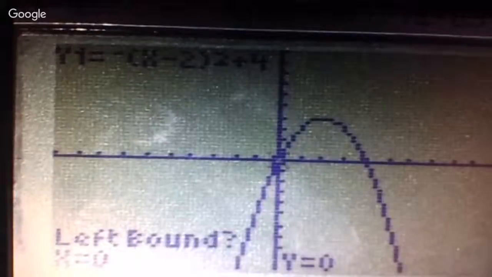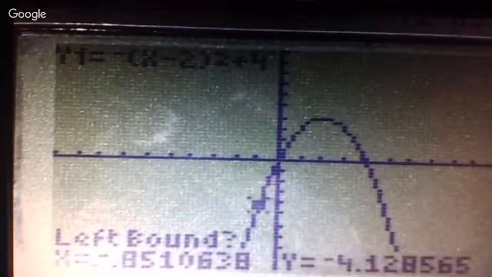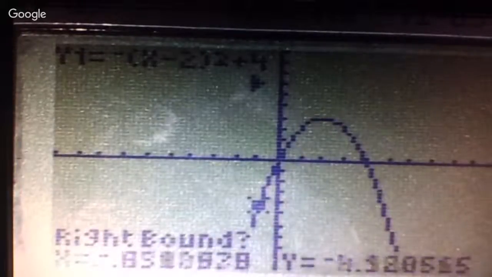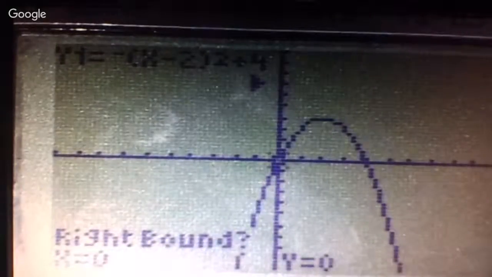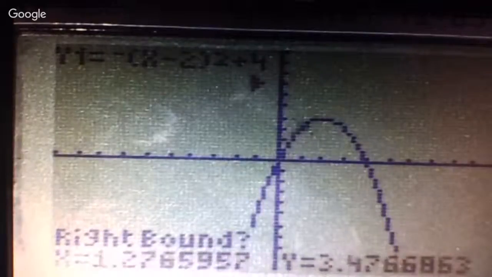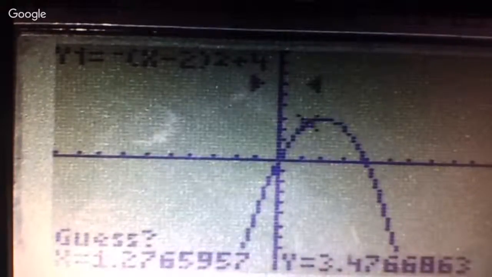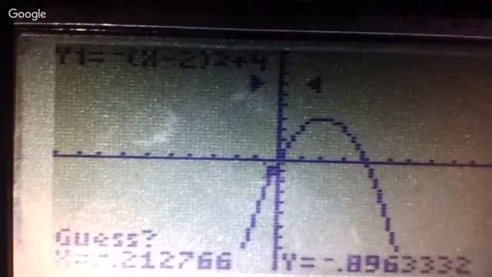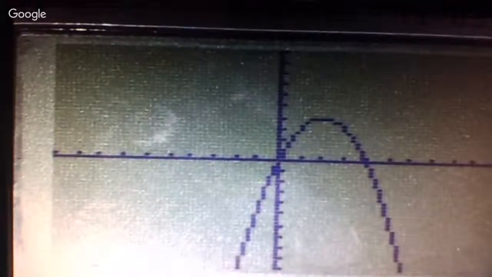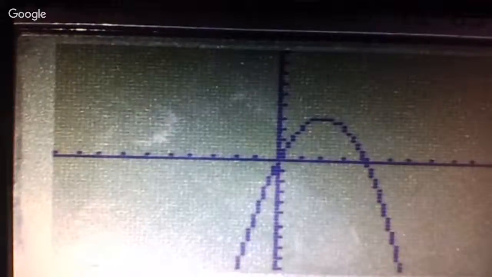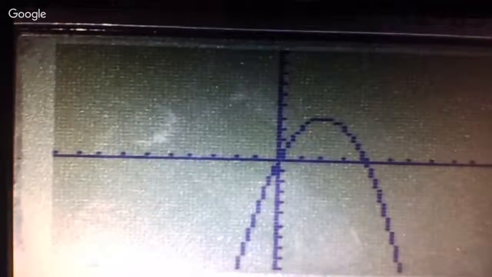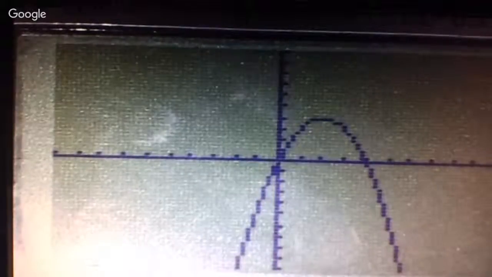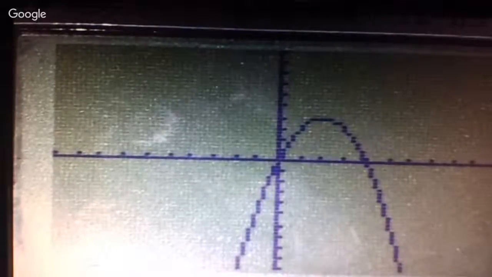So I'm going to move it to the left and hit enter. I'm going to go to the right and go back to it, and then go to the right of it and hit enter. And go back to it. 0, 0. Sorry, I hit enter twice and it bumped away. It was 0. The y-intercept and the x-intercept are the same thing on this one.